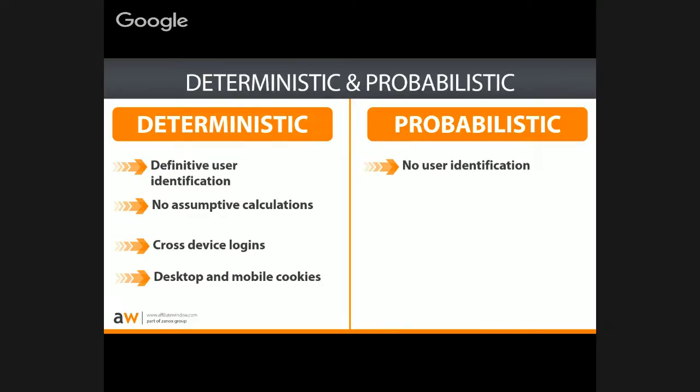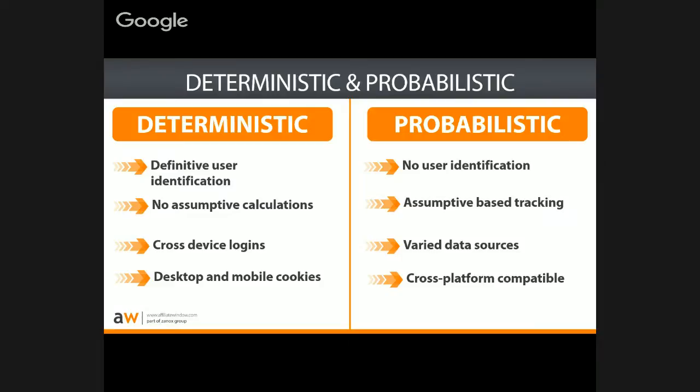And probabilistic solutions are generally the type of cross-device tracking solution used by third-party providers. There's no user identification. It is cross-platform compatible, probabilistic cross-device tracking, but it's also very assumptive. To some degree, it makes guesses. And we had a decision to make about which camp we would fall in at Affiliate Window.